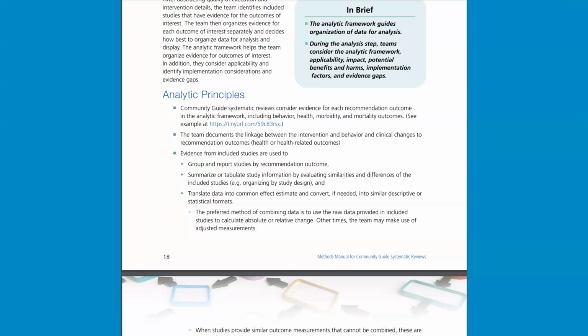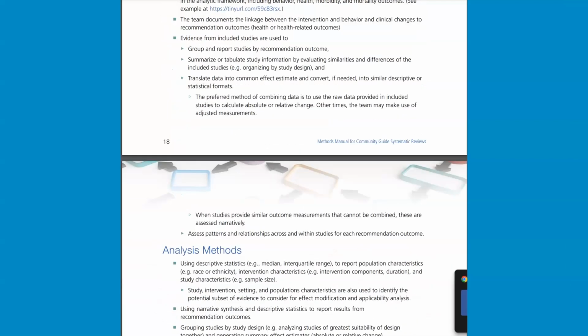Also, any sort of behavior and clinical changes that have come about as a result of the intervention may be important to note, especially because this may result in potential changes in recommendation outcomes, for instance, health or health-related outcomes. And then also evidence from included studies is used to group studies by recommendation outcome.